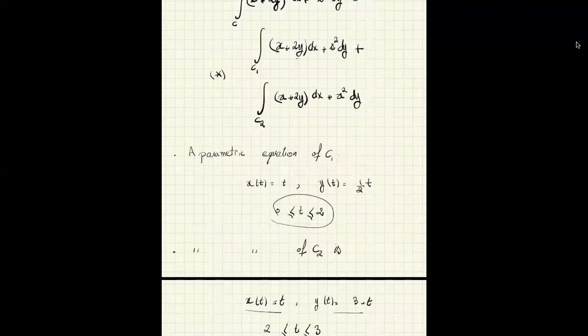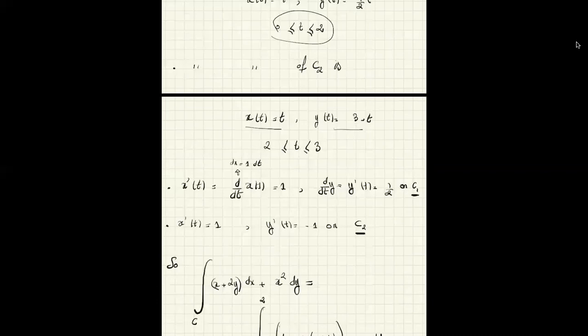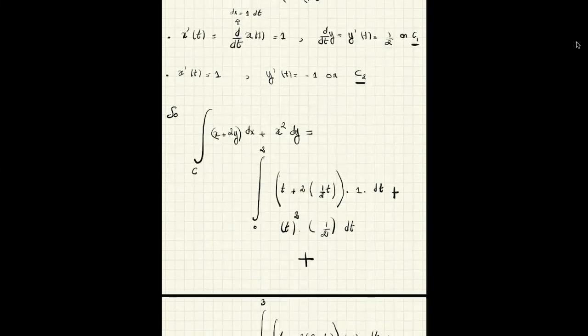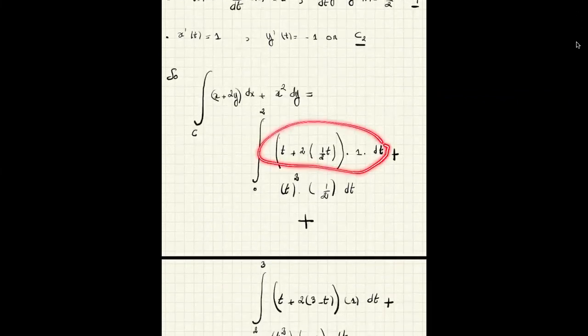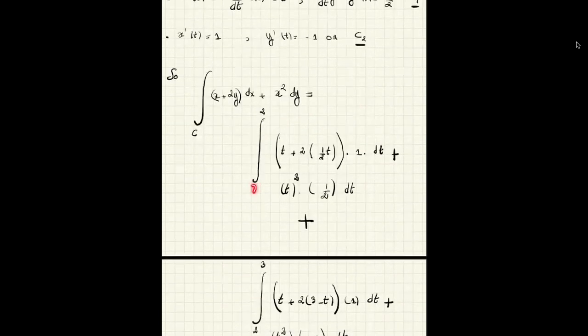You have to compute the derivative with respect to t, and this is a way to remember the formula. You plug in, and you are supposed to have everything expressed as a function of t by the end of the day. And the boundaries are always those boundaries that give you the curve, because the curve is parameterized by t.